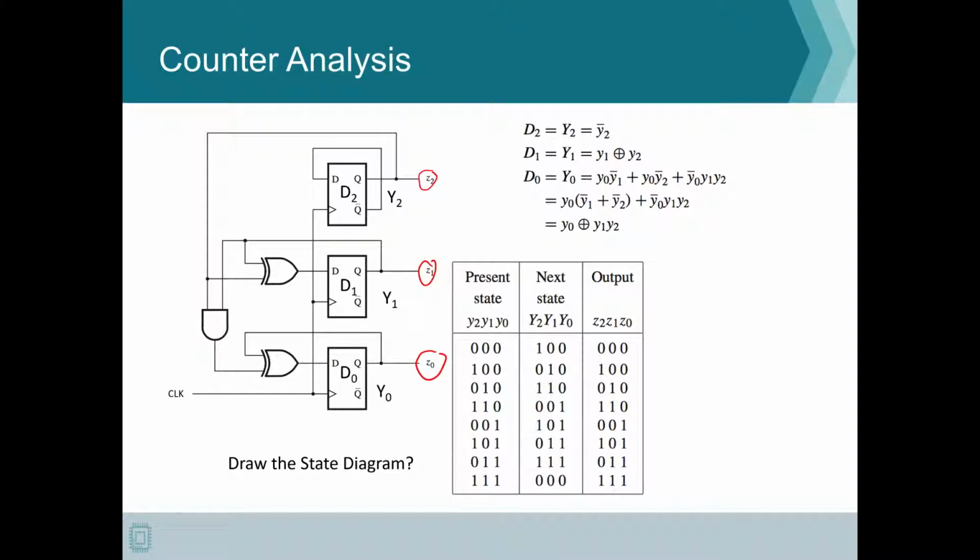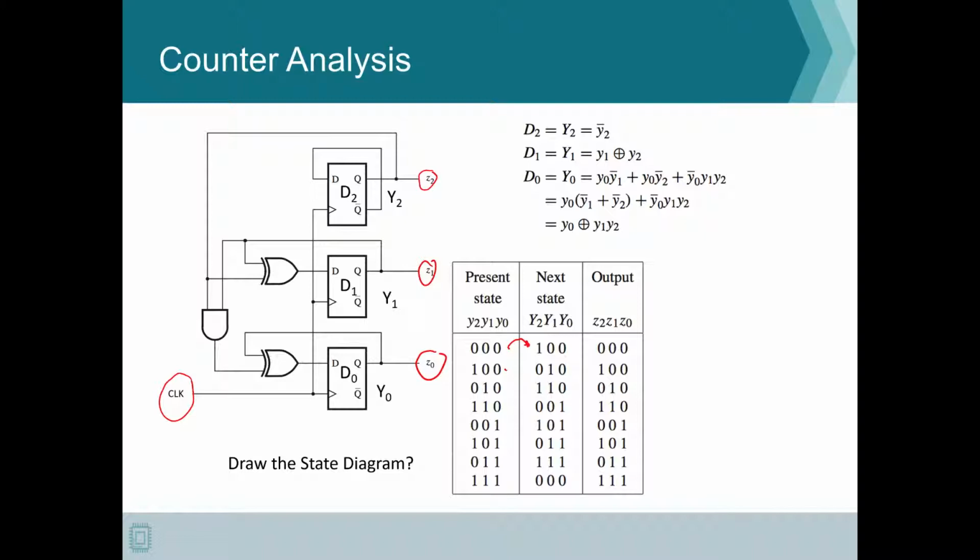As we can see, this is a counter, and the counter actually counts through a sequence without any input. The input is technically the positive edge of the clock, which makes it go from one state to another. The idea is that we first start with an initial state, which is by default 0, 0, 0, and then we see what the next state equation leads to.